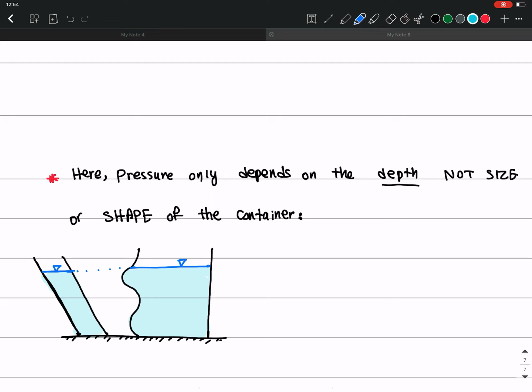Okay. And then I want to look at the pressure at this point for both fluids at this depth.